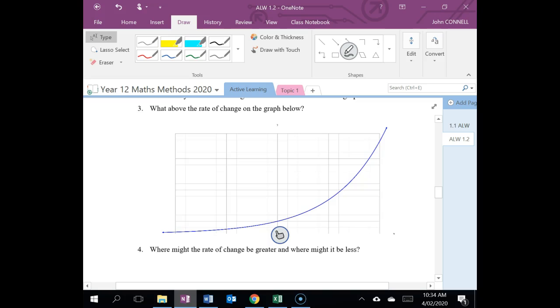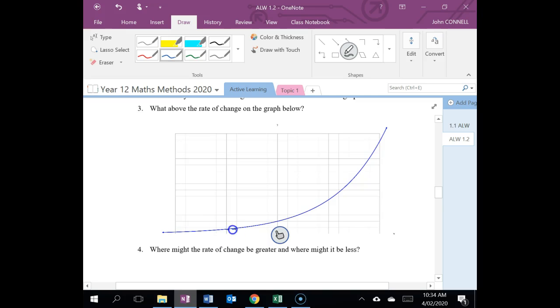So what about this one? What's different between the straight lines, the red and the blue graph, compared to this graph here, when we're thinking about rates of change and how quickly it's changing? What's the difference? Yeah. Let's go back to my volume. If I go between here and here, volume's only going up a very small amount.